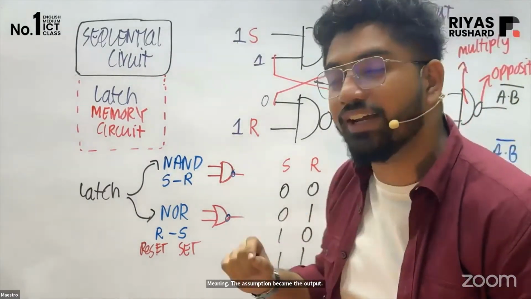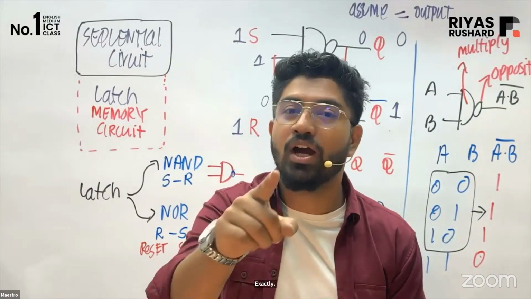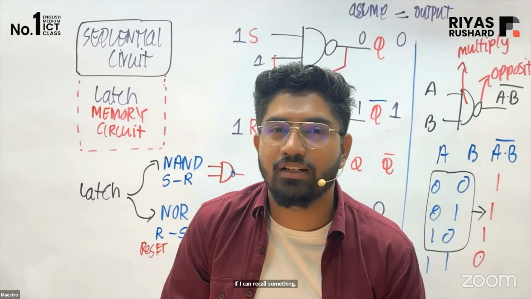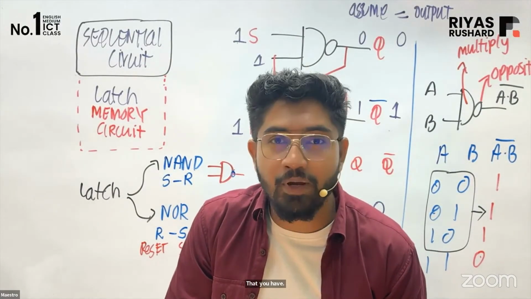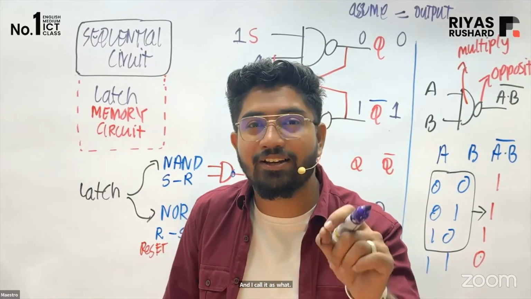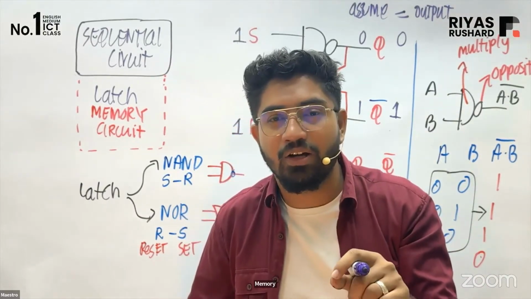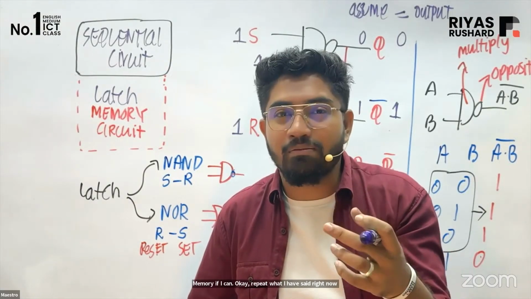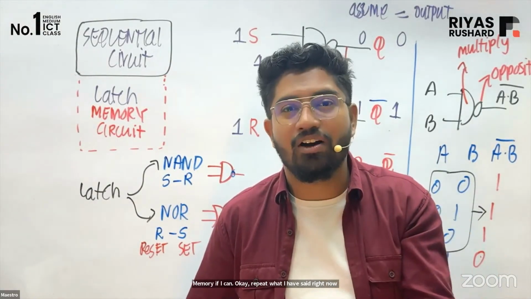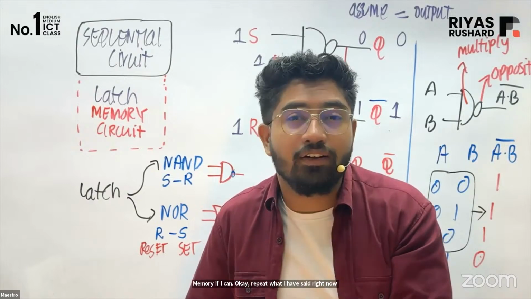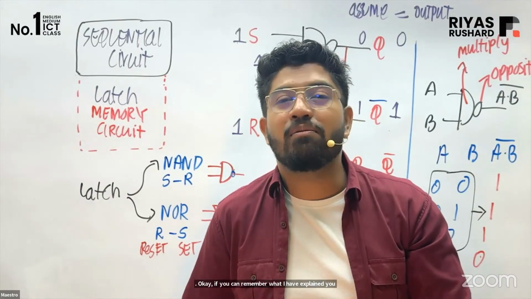Exactly. If I can recall something that you said last week, what do I call it? Memory. If you can remember what I explained before half an hour, and you can recall it now, we call it memory.